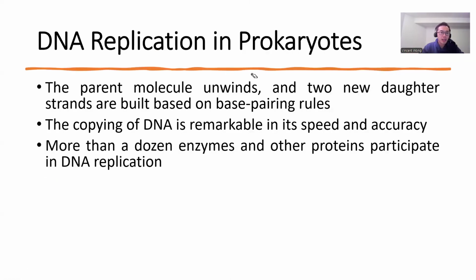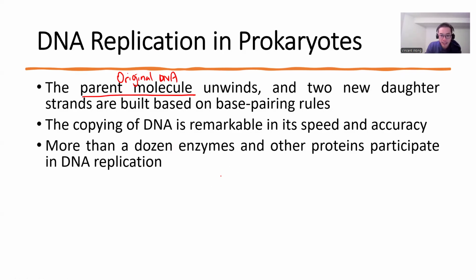In DNA replication, the parent molecule, which is basically the original DNA, unwinds and the two daughter strands are built based on the base pairing rule. This part is a little tricky to fully grasp, so allow me to give you an analogy.